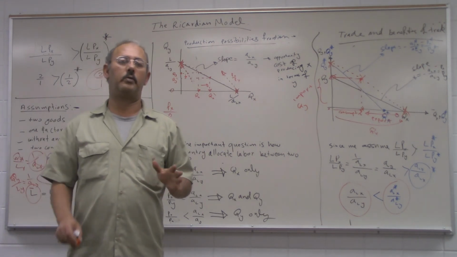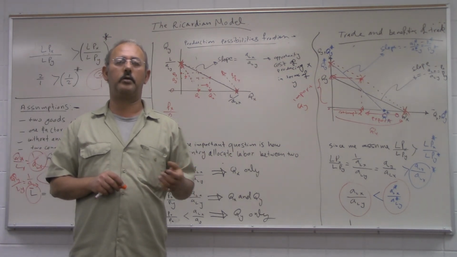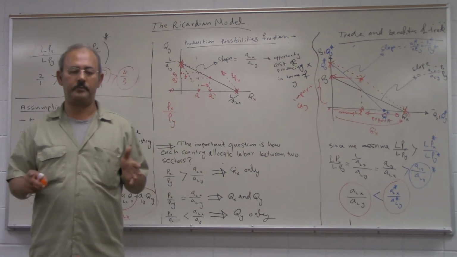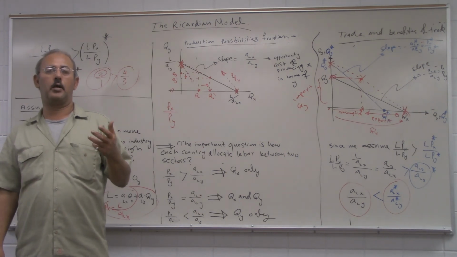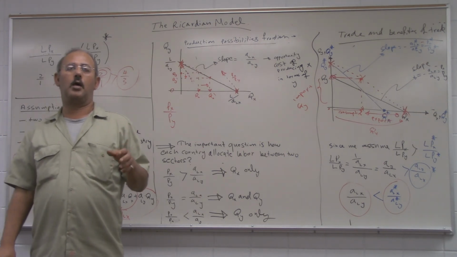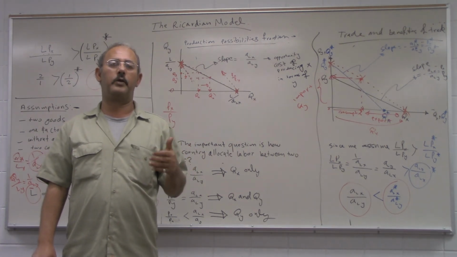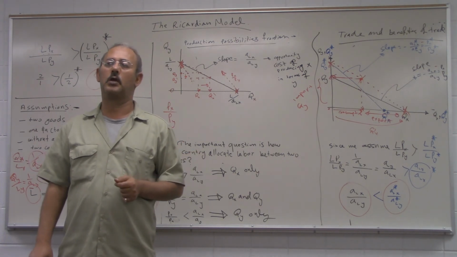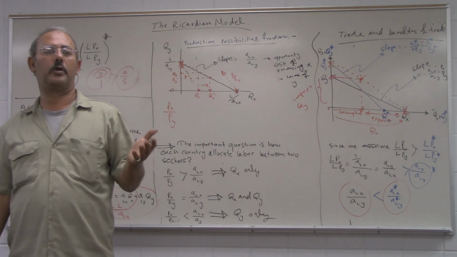Trade will benefit all the countries, and because in this model we assume there is just one factor of production, the benefit of trade here is unambiguous.